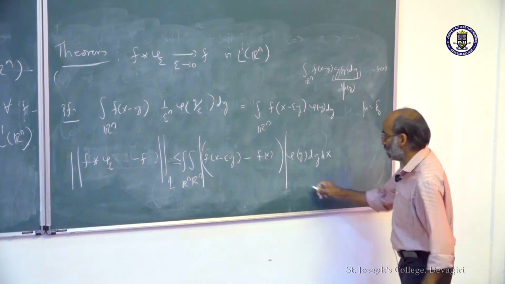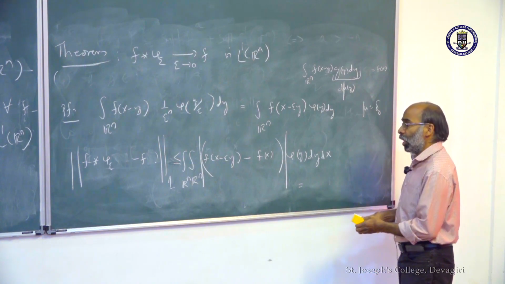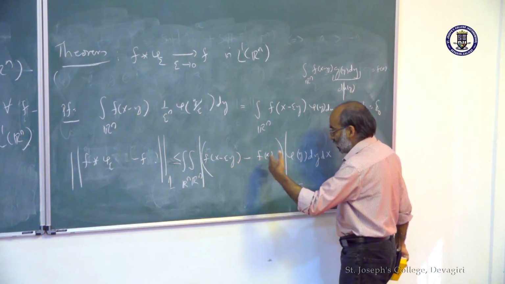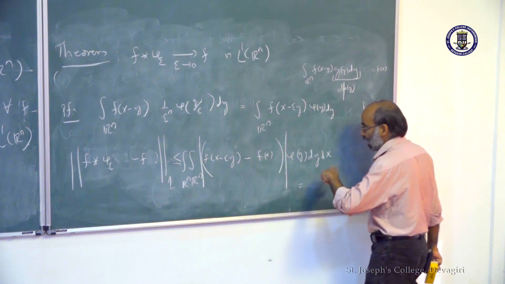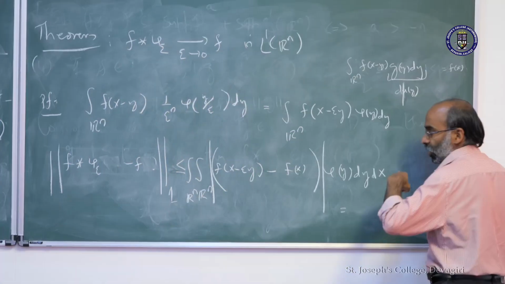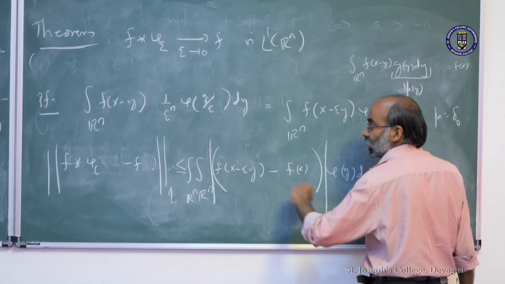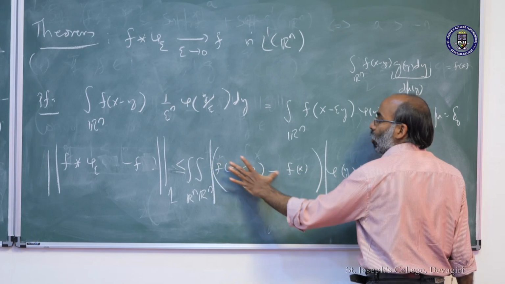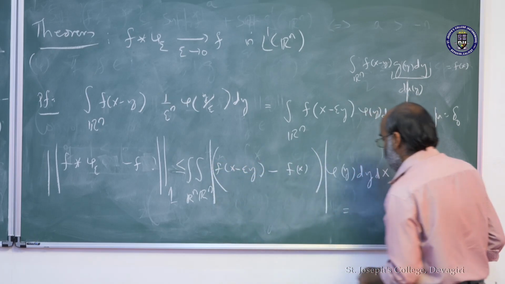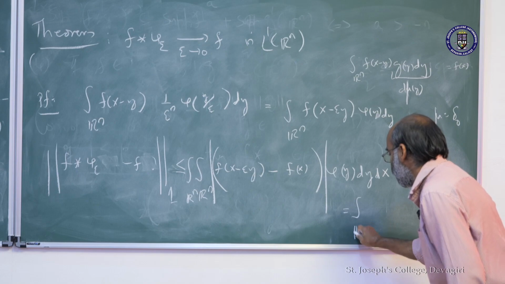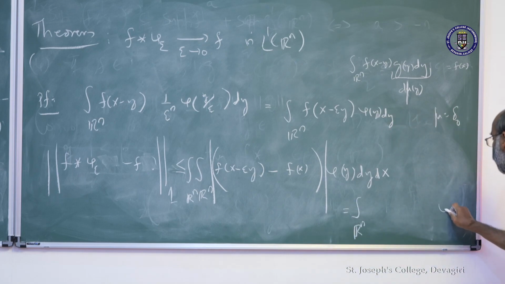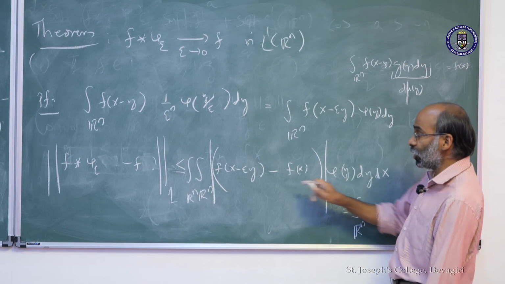These are again positive functions, so Fubini's theorem applies. I can integrate with respect to x first. When I integrate with respect to x first, I am going to get the L1 norm of this difference. So, I will have the integral over Rn, with phi y dy here, and I am integrating with respect to x first.